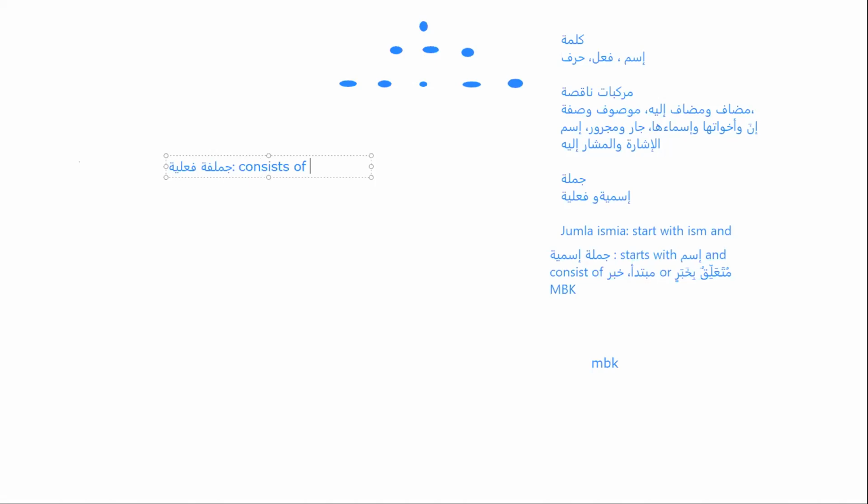What are the components of jumla fi'liya? Please participate, right? If you are not participating by texting, just put a rough sheet of paper beside you and keep on writing all these things that we are mentioning, because they really make you well grounded in the understanding.